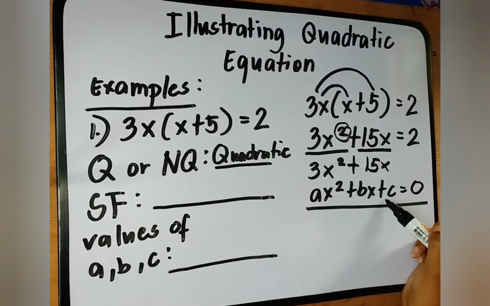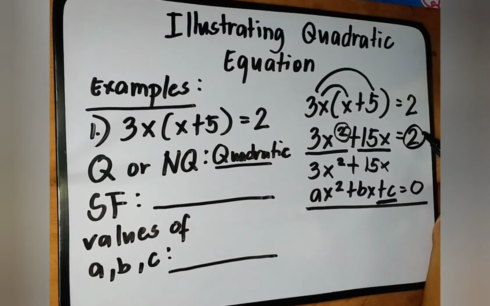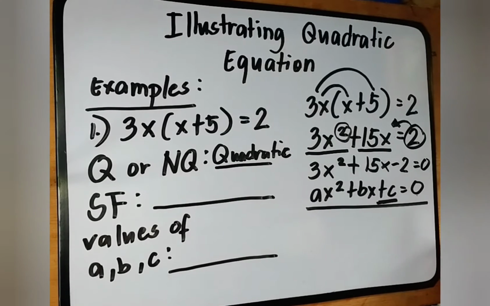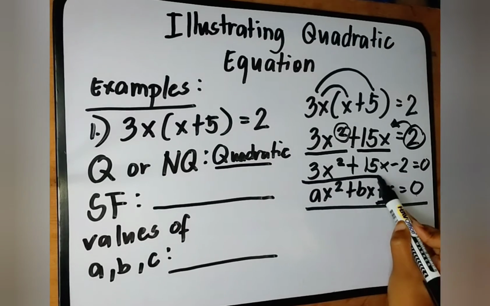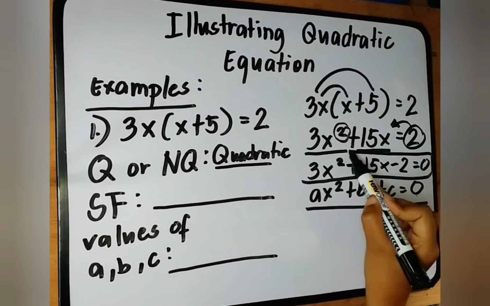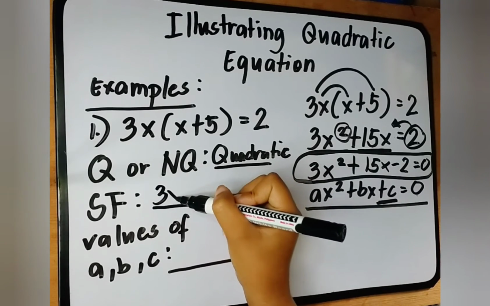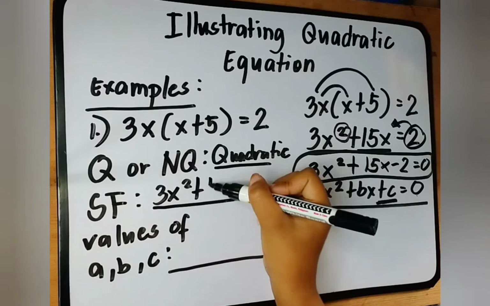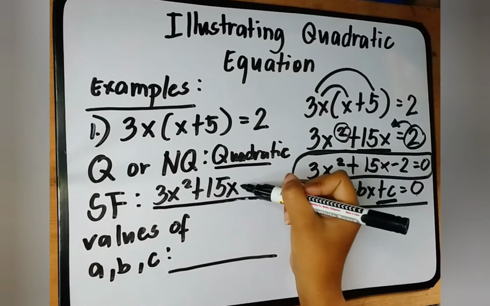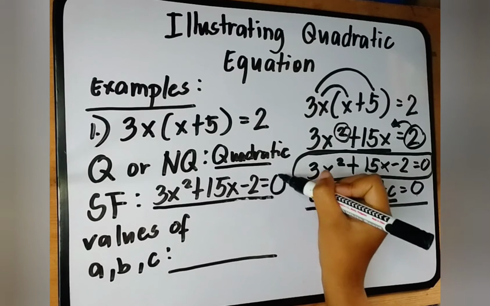The plus c is the 2 on the other side of the equation, so we will transpose it, or use the addition property of equality, and it becomes minus 2 equal to 0. That is the standard form of the quadratic equation: 3x squared plus 15x minus 2 is equal to 0.